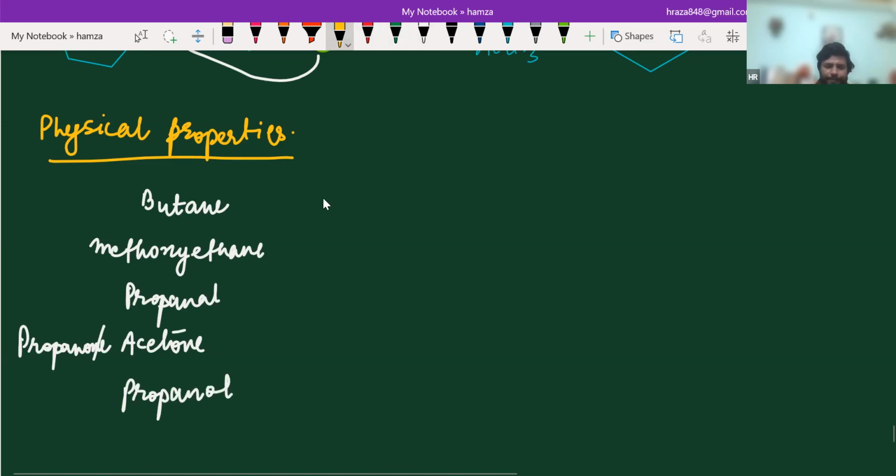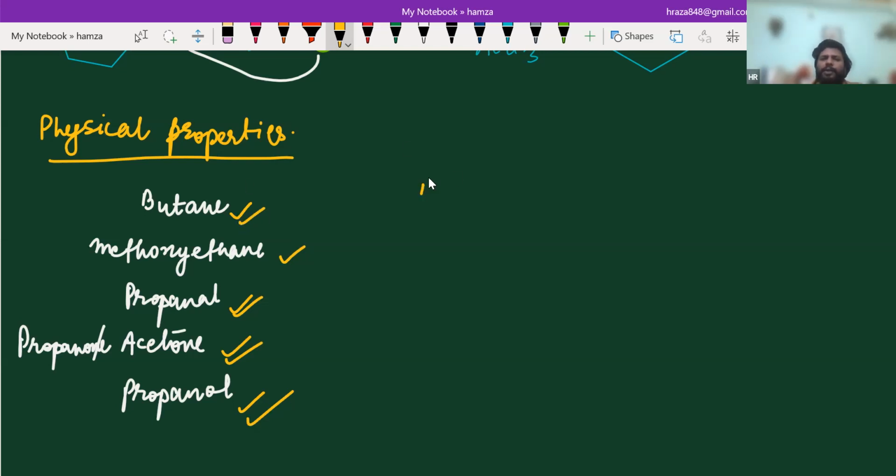You know what? The one with the highest boiling point is propanol, because it has hydrogen bonding. And then comes acetone, and then methoxyethane, and the lowest is this.